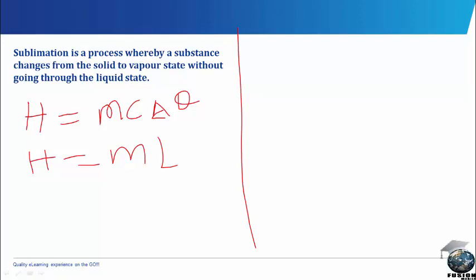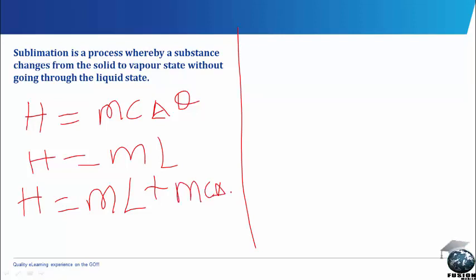So at that moment, we have a change in state without any change in temperature. But now it changes temperature from 0 degrees to 15 degrees. So we have the heat that changes temperature, which is mc delta theta. This is the way to consider your heat parameters.